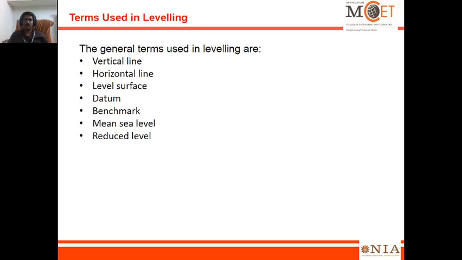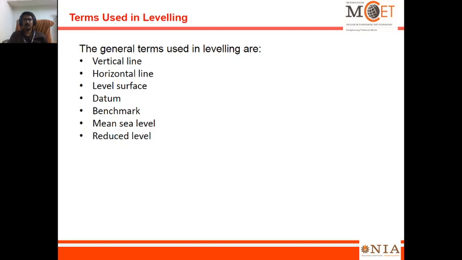Hello friends, next we are going to continue the terms used in leveling. We saw a little bit of some terms in the previous video. Here we are going to see in detail.